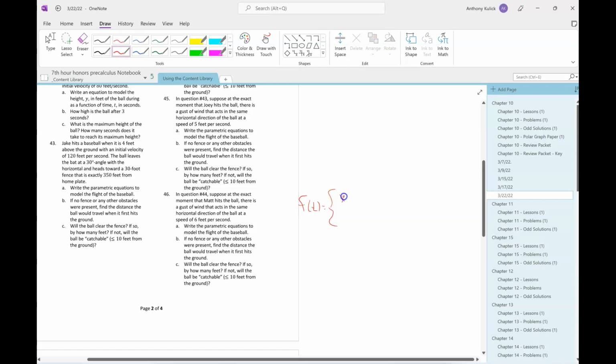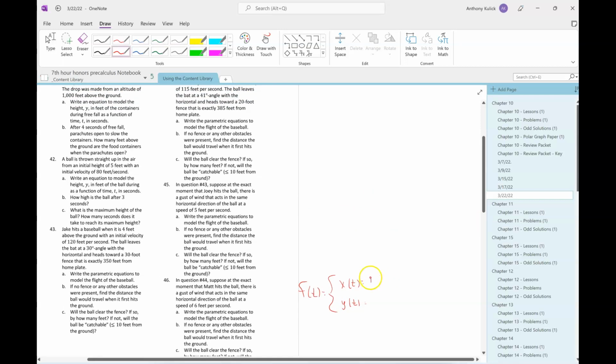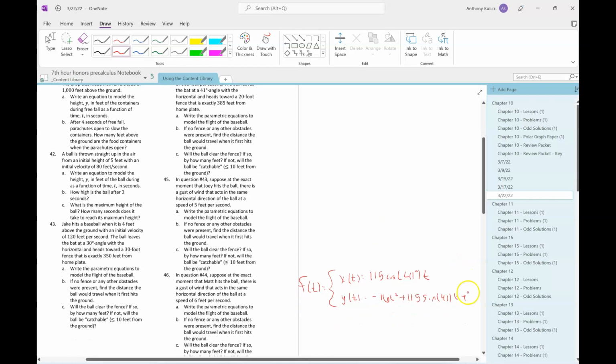So I'm going to start with what we would have written for 44. So we have 115 cosine 41t, negative 16t squared plus 115 sine 41t plus 3.